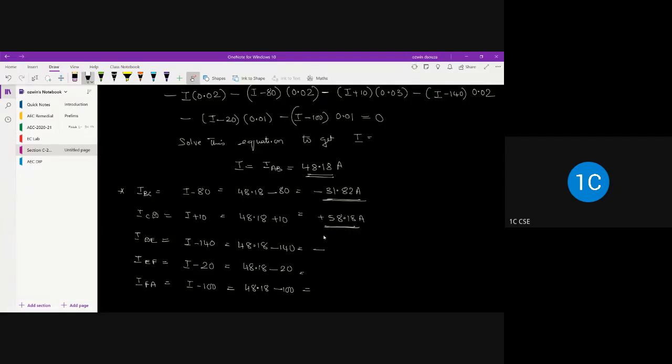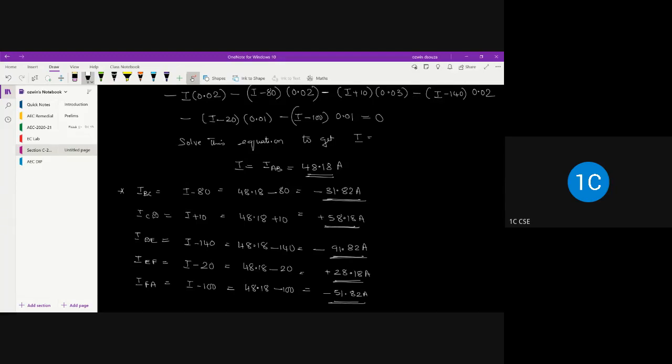This will be 91.82. Okay, how about this? It's a positive number, 28.18. Superb. Then finally, a negative number you get: minus 51.82. So this is how we solve this particular problem.